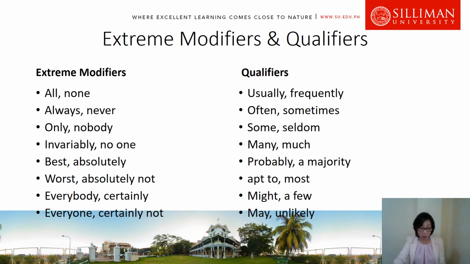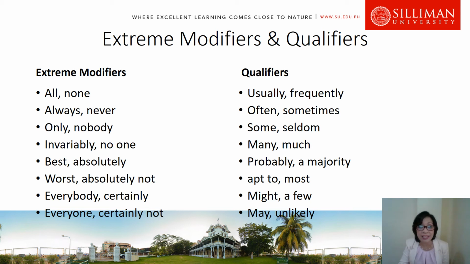Now, the words all, frequently, and generally fall under any of the categories that you see on your screen. Extreme modifiers for the first column and extreme qualifiers for the second column. Therefore, there's a need for you to cancel out extreme modifiers or qualifiers as well.